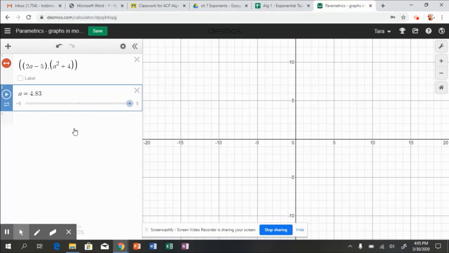Okay, so that's one. But I'm going to add another one, and we're going to see if they cross paths at the same time. The other set of parametrics is x equals 4t squared, so I'm going to put in 4a squared.